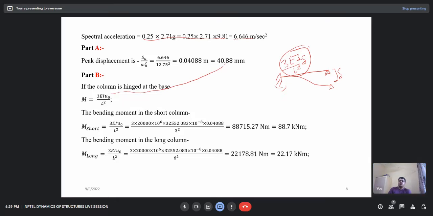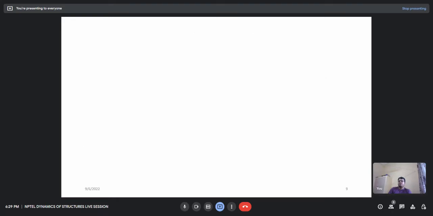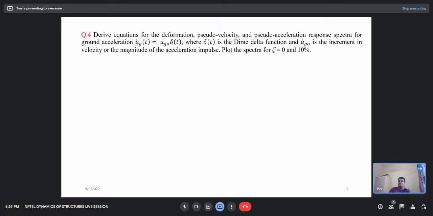Yes, sir. Okay, now I am moving to another question, which is a derivation type question. We have to derive the equations for the response spectra for deformation, velocity and acceleration, for a ground acceleration given as ug double dot of t equal to ug dot naught times delta of t, where delta of t is the Dirac delta function and ug dot naught is the increment in velocity, or the magnitude of the acceleration impulse.